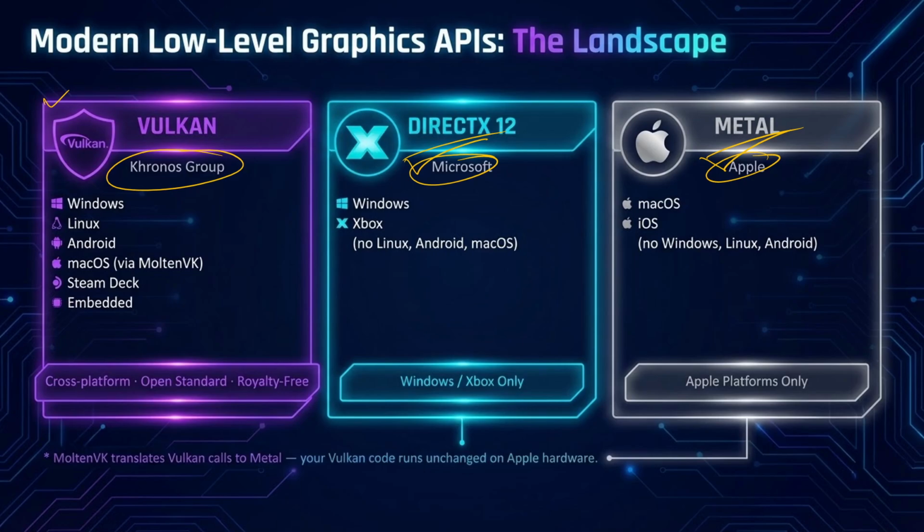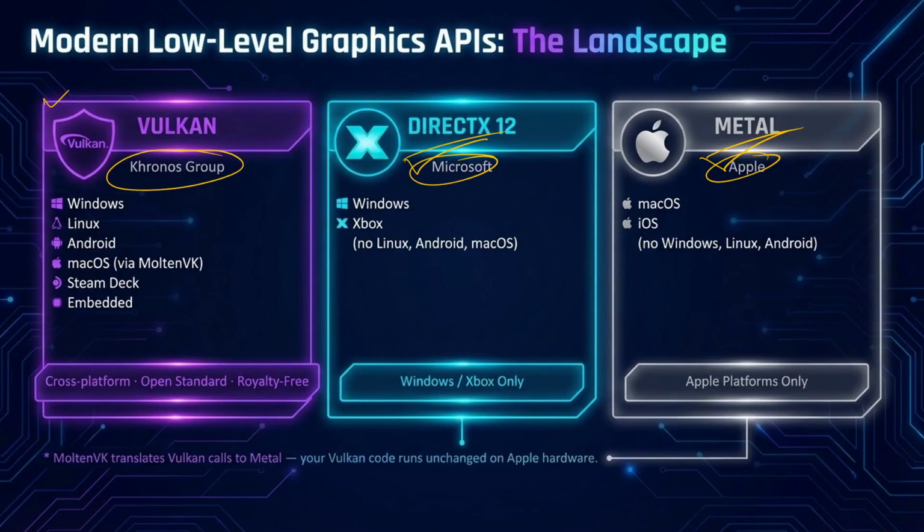Now these are all modern APIs, but there are some differences. Vulkan's coverage is very wide. It runs on Windows, Linux, and Android. In fact, it can also run on Apple.